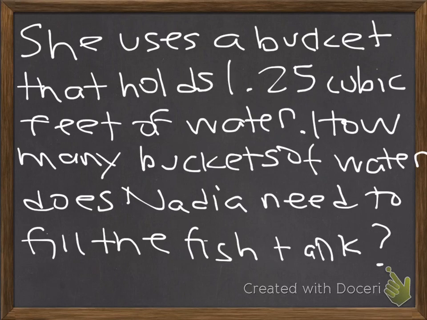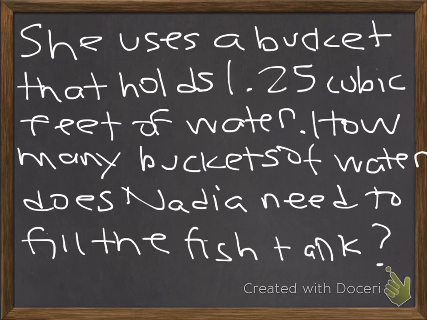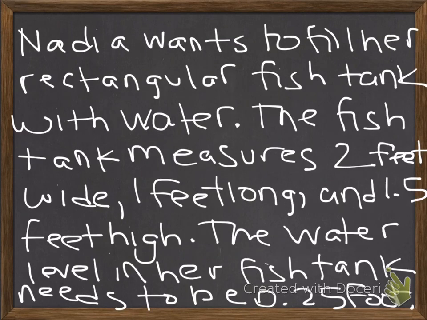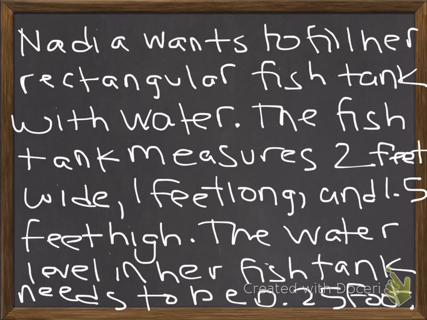So we need to find the volume of the rectangular prism, which is what the fish tank is. So the volume is just length times width times height. That's 2 times 1 times 1.5, which is 3 feet.